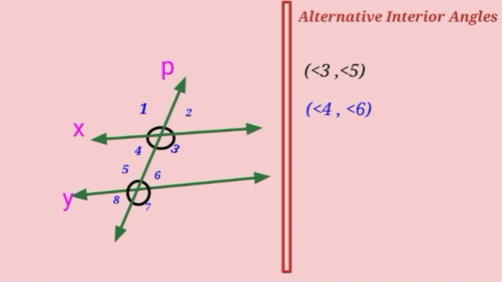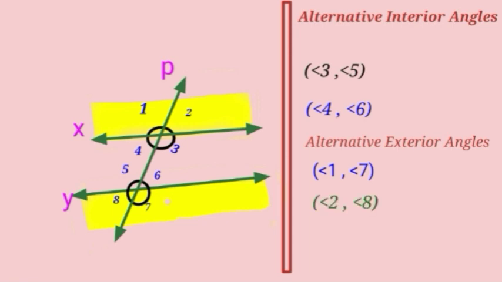Now let's list another pair of angles, angle 1 and angle 7. Angle 1 and angle 7 are also on the opposite sides of a transversal line. Can we say that this pair also represents a pair of alternate angles? Yes, we can say so.